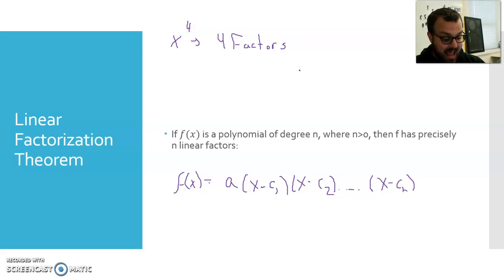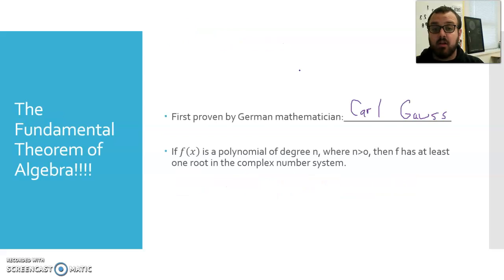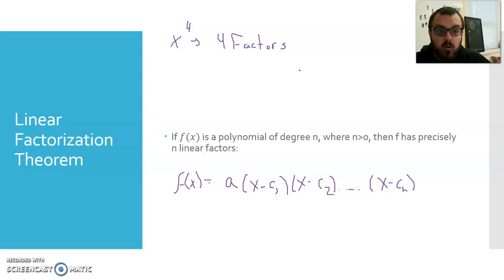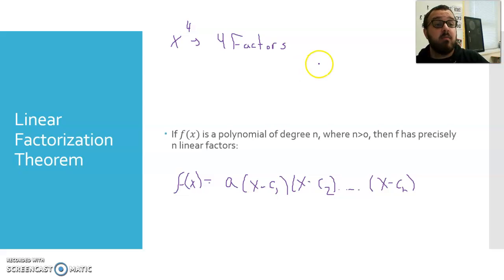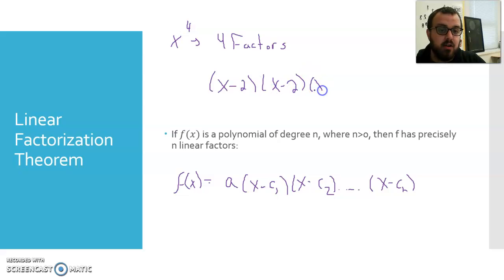All right. Now, how does that work with the last theorem? You have to have at least one root. Well, Mr. Guy, wouldn't that mean we have n roots every time? Not necessarily. Remember, you can have a root that repeats, okay? I could have something that's x to the 4th, and my 4 factors are all x minus 2, all right? X minus 2 times x minus 2 times x minus 2 times x minus 2, right?